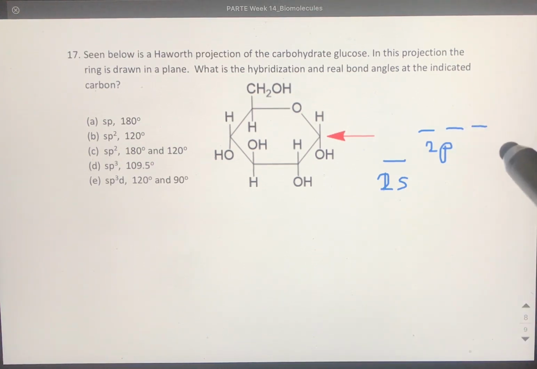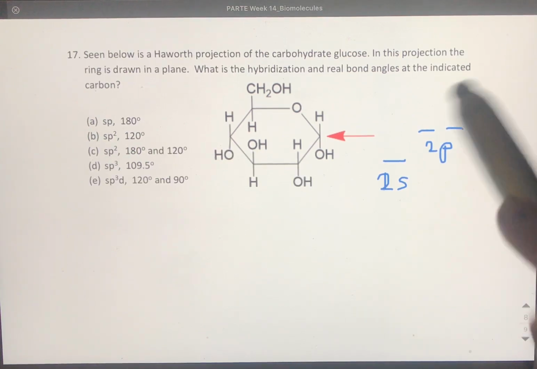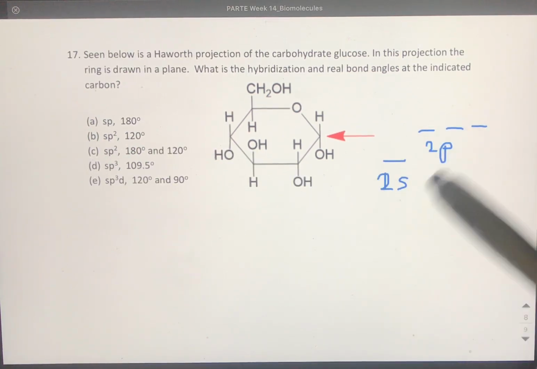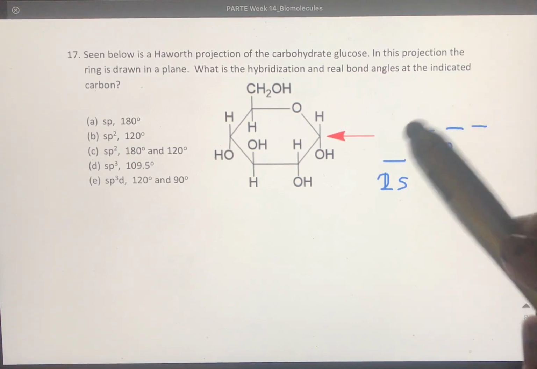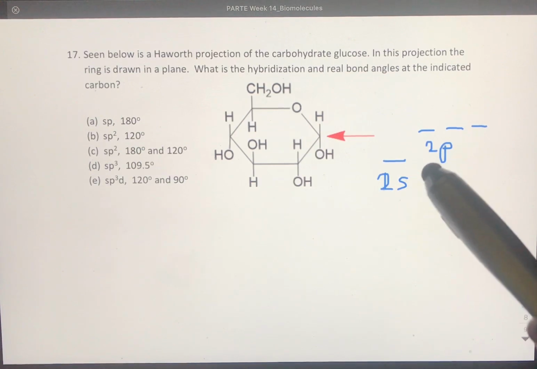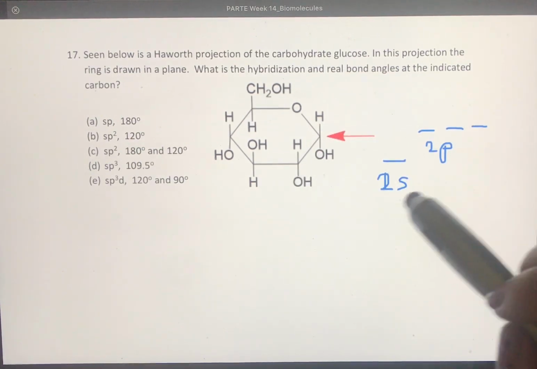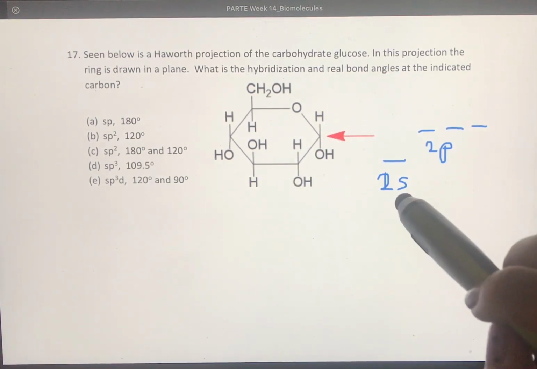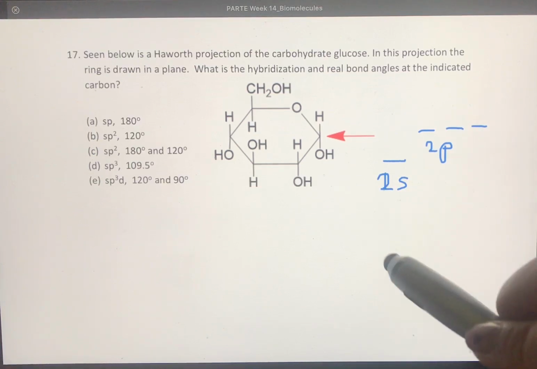But if we have a pi bond, then that is only going to be one of the p orbitals, so we basically can't use it, and we just have to mix the rest of them, so the rest of them hybridize together. But at this carbon, we have 1, 2, 3, 4 bonds, and they're all sigma bonds. So it's just going to be an S and 3 P's that can mix together.